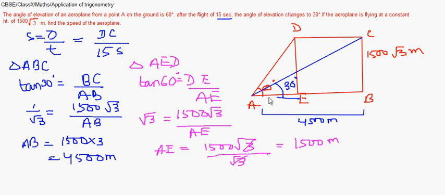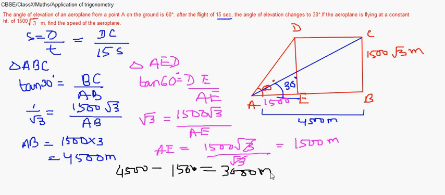Now if AE is 1500 meter, we can subtract this AB minus AE to get our EB. That will be the distance covered by the aeroplane in 15 seconds. So 1500 to be subtracted from 4500 gives us 3000 meter.